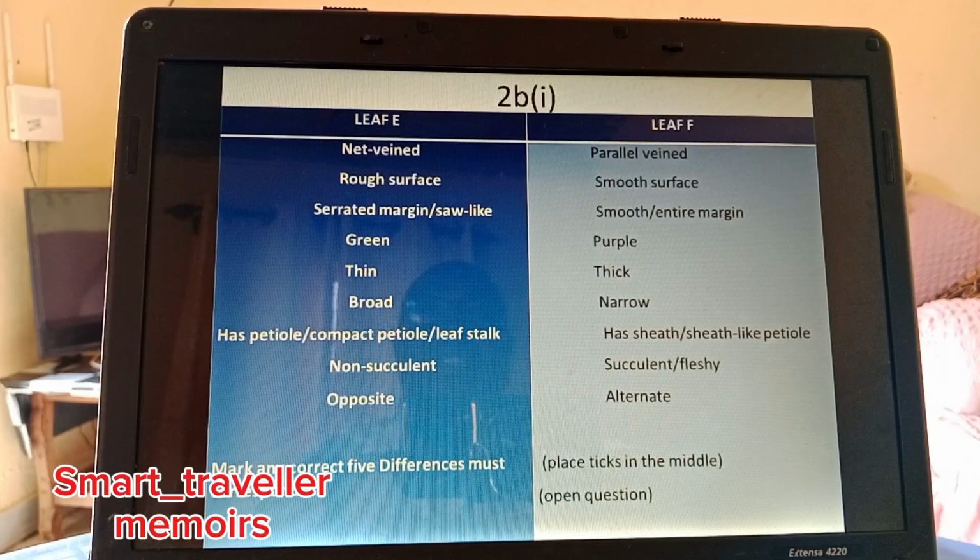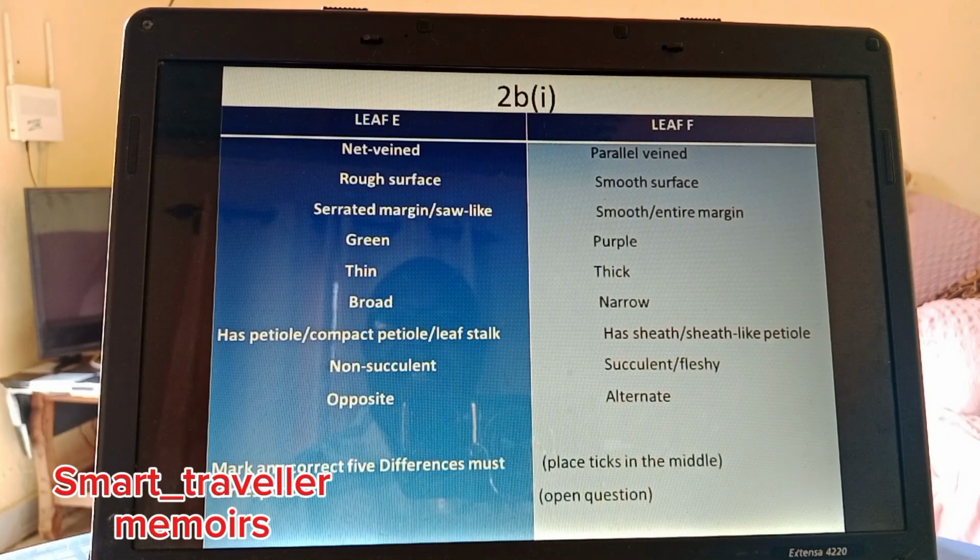Differentiating the leaves, B1, leaf E and leaf F: net veined, the other one is parallel veined; rough, the other one is smooth; serrated margin, the other one is smooth margin; green, purple; thin, thick; broad, narrow; has petiole, has sheath; non-succulent, succulent; opposite, alternate.